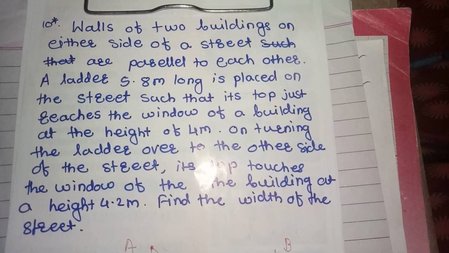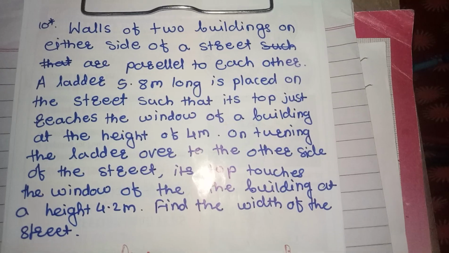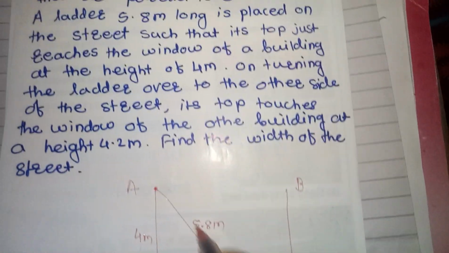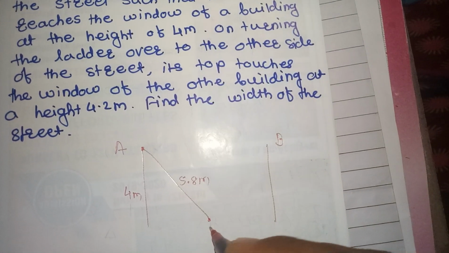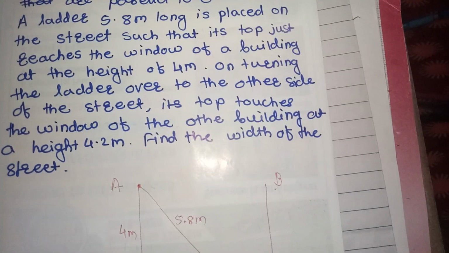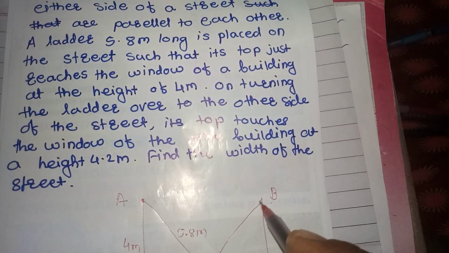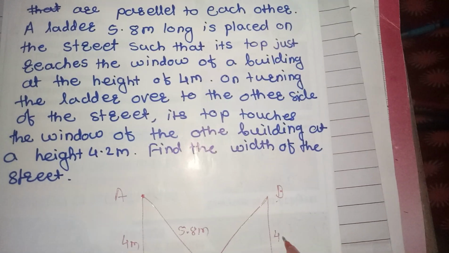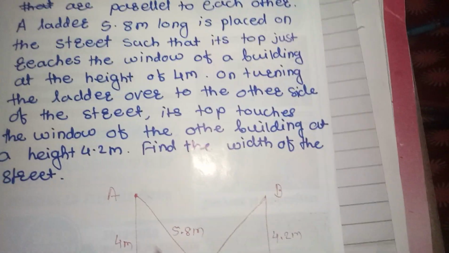After that, on turning the ladder over to the other side, means this ladder which we put here, if we turn it to the other side, then it reaches the window at the height 4.2 meter, same ladder only.